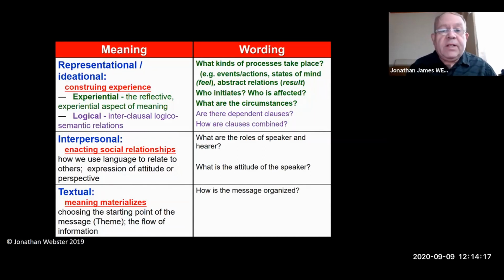I have something. That's a relation. All right. Processes. Who initiates those processes? Who's affected by those processes? What are the circumstances under which that situation unfolded?